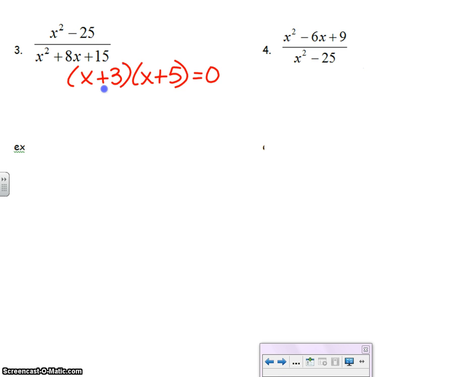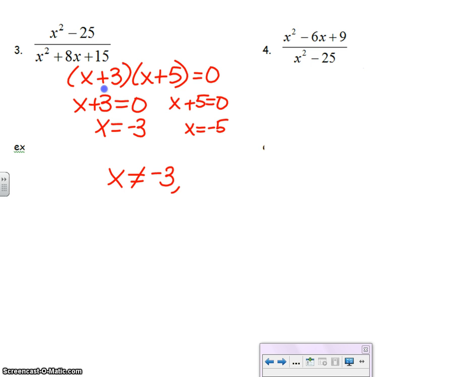We're going to use the zero product property and say that the denominator would be 0 when x is equal to negative 3, or when x is equal to negative 5. So our two excluded values are x may not be equal to negative 3 or negative 5. So the answer to the question, what are the excluded values, is right here, okay?